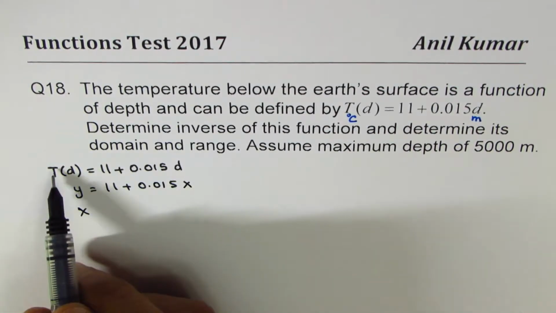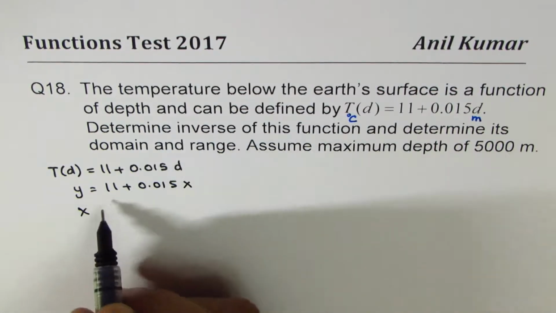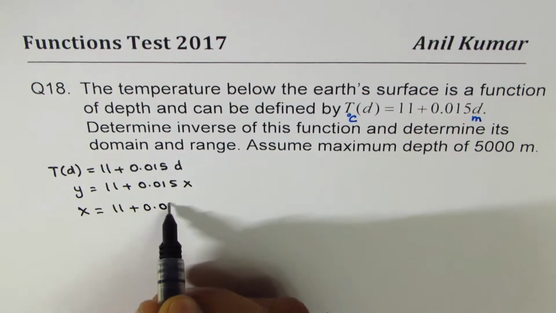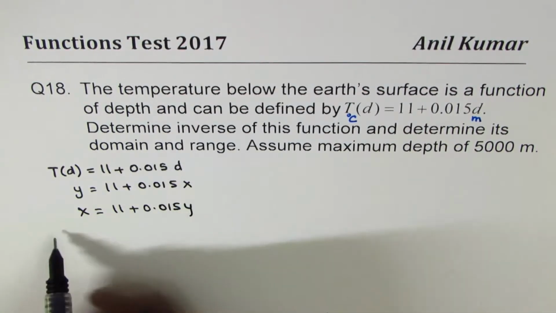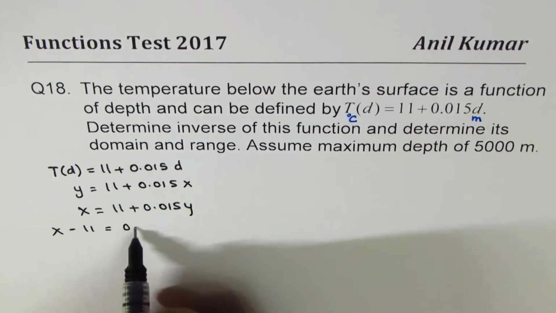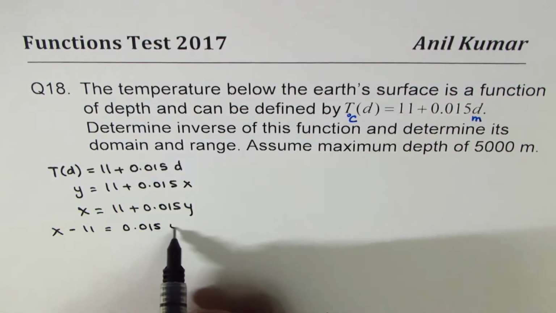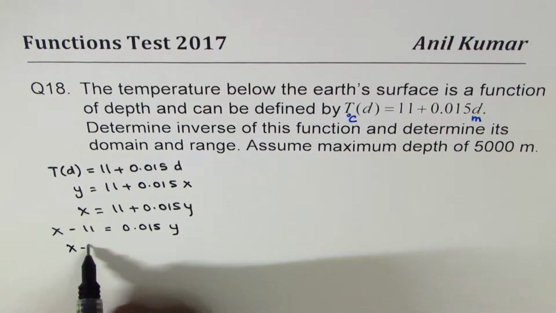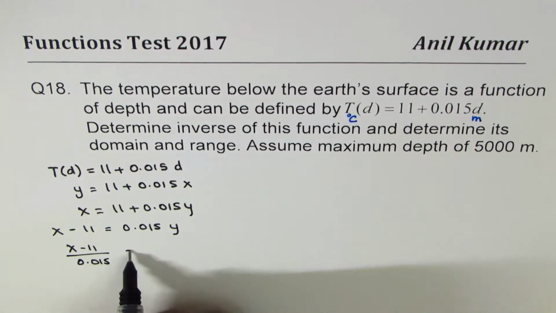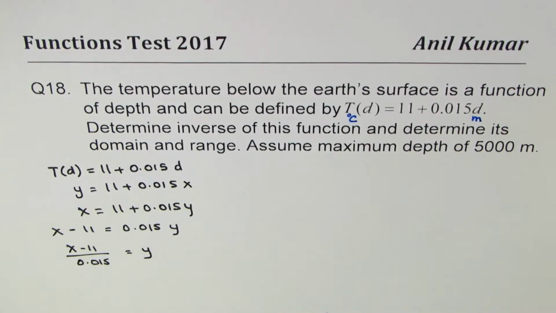Remember, y is t and x is d. So when we interchange, we get x equals 11 plus 0.015y, and now we can solve for y. x minus 11 equals 0.015y, or (x minus 11) divided by 0.015 is equal to y.